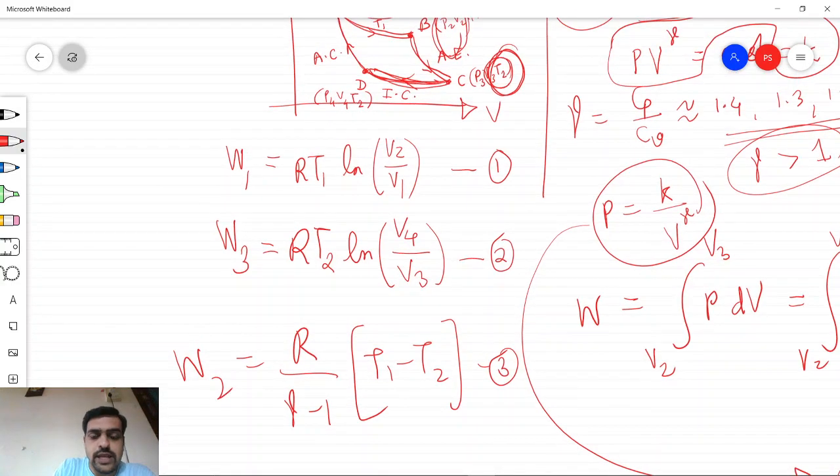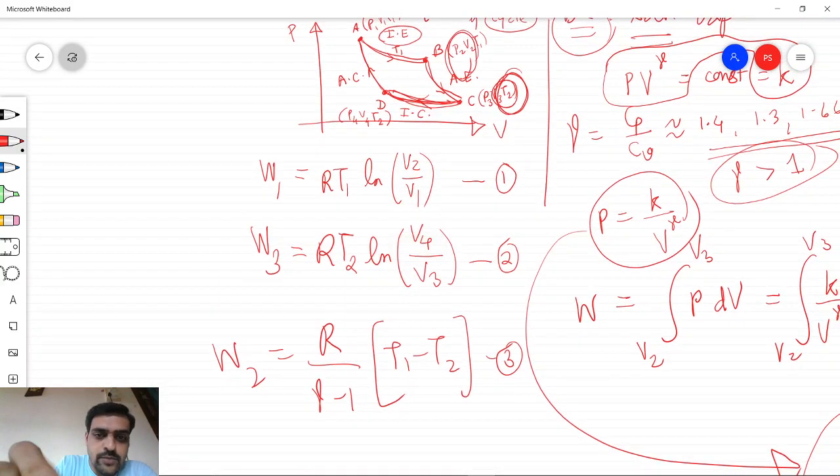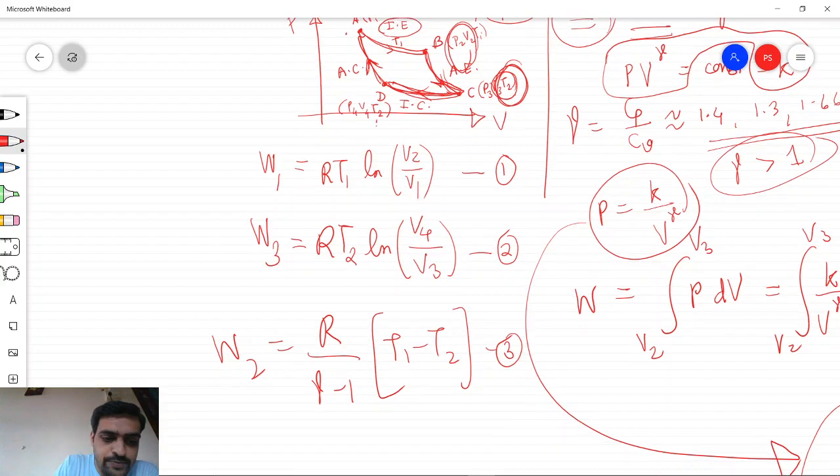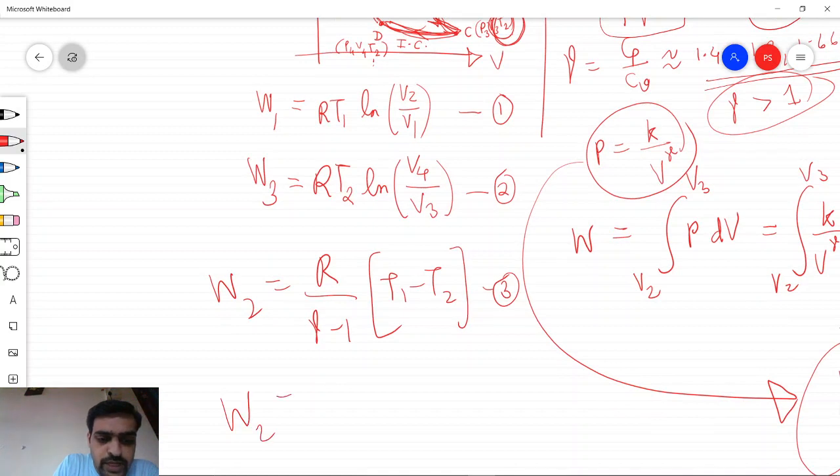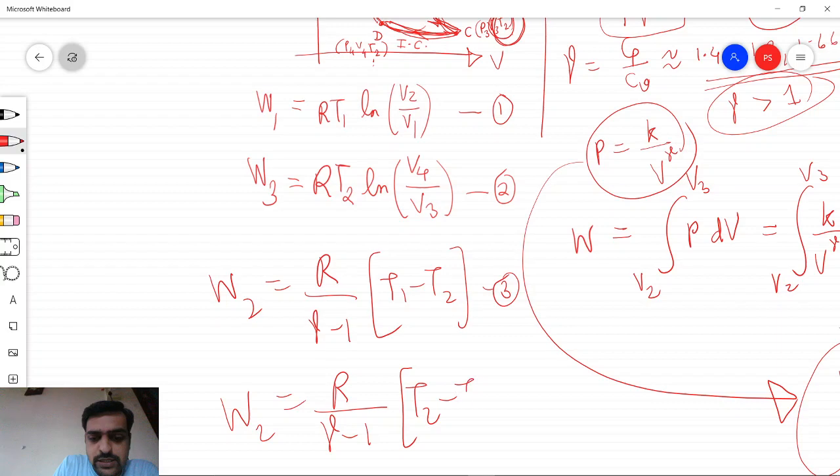Now we can again use the analogy, because process AD is similar to process BC, just the difference is that BC is an expansion, whereas process DA is a compression. So here we have T1 minus T2, that is the initial minus final temperature. Similarly, here we have T2 minus T1, which is initial minus final temperature. So W2 will be here R into gamma minus 1 into T2 minus T1.